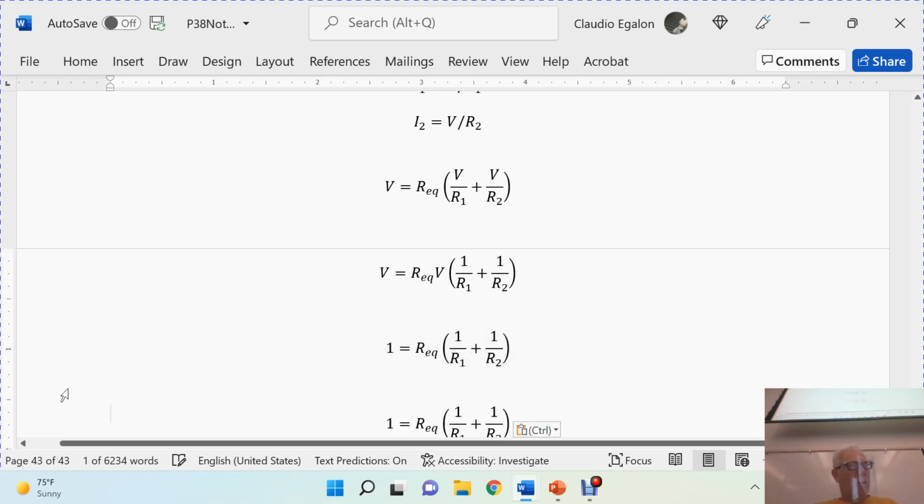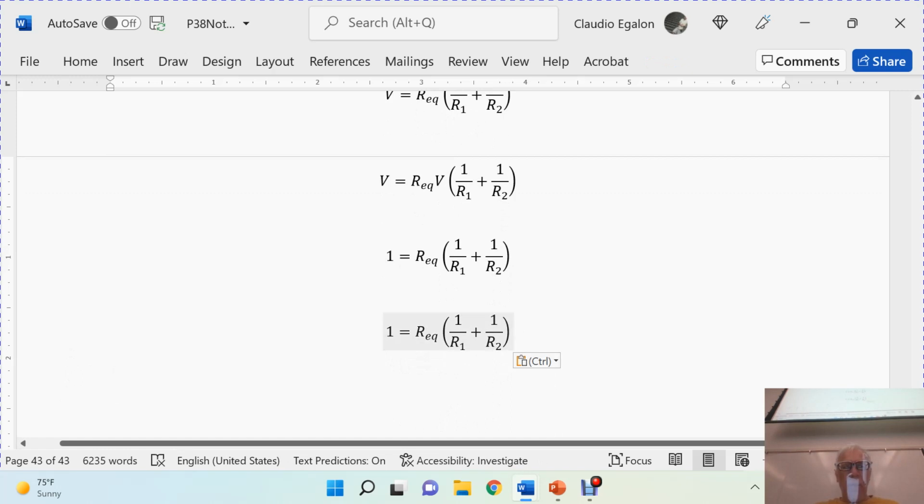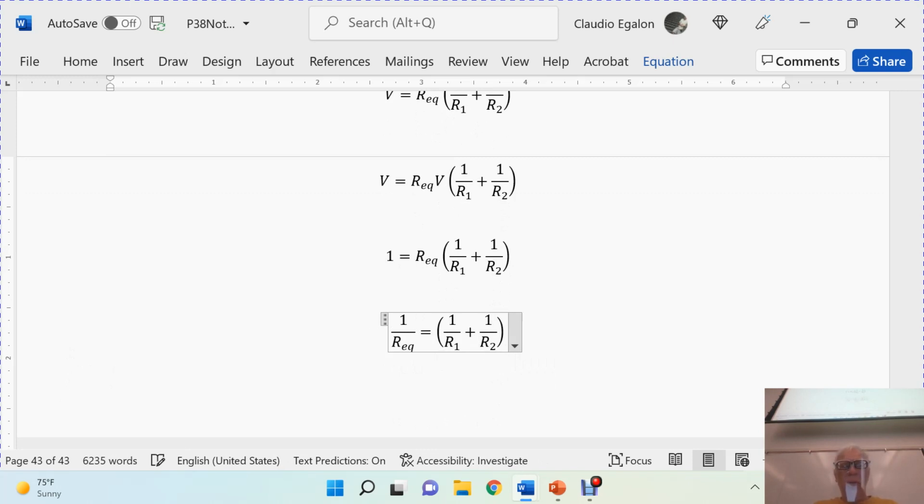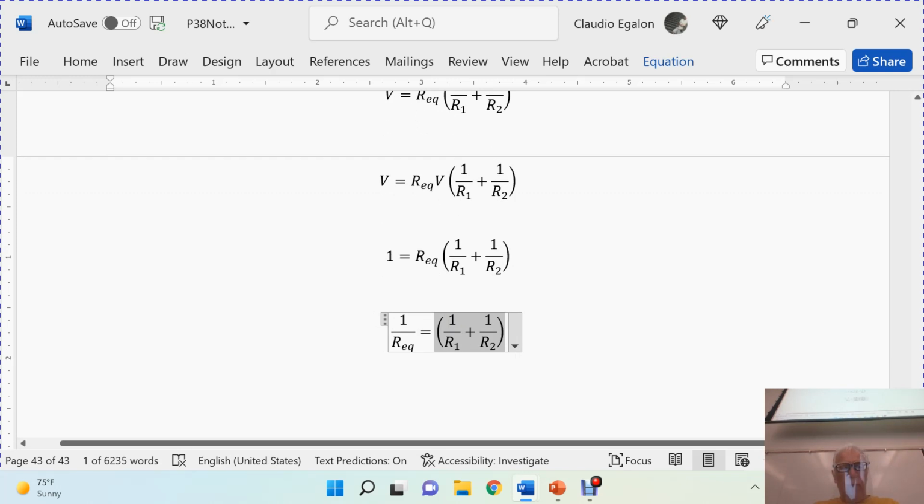this derivation here is more extensive than the other, okay? We find out that the inverse of the equivalent resistance is equal to the sum of the inverse of the resistors.